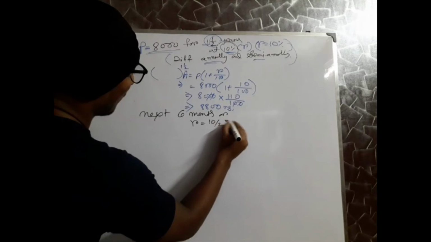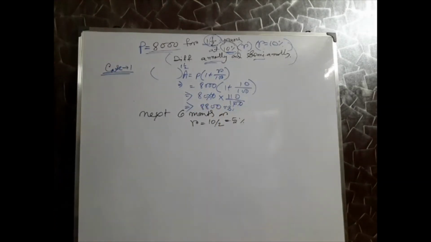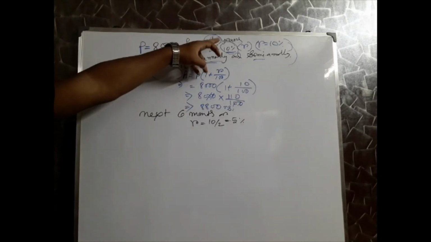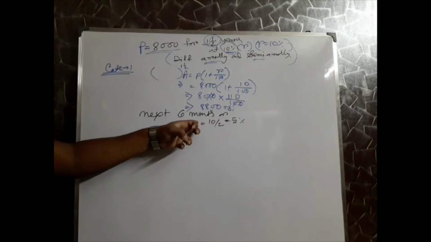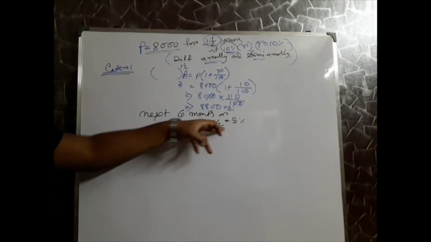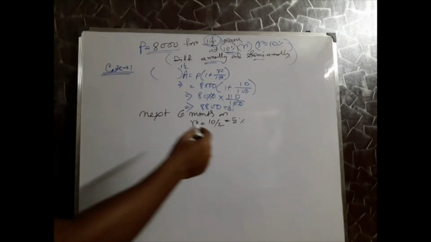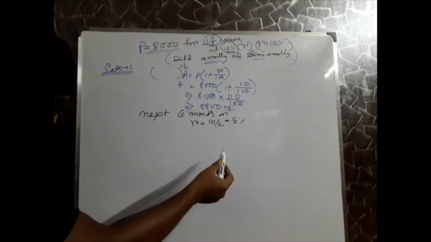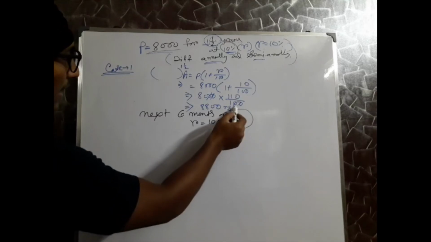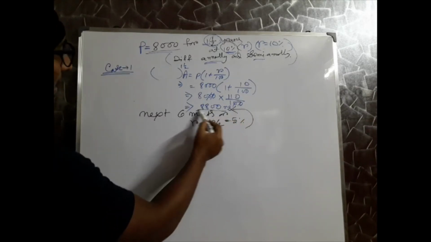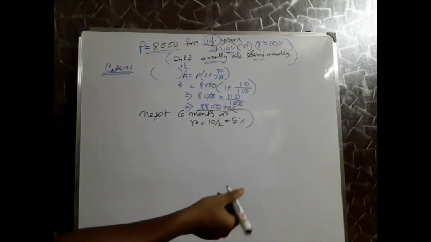That is 10 by 2 equals 5%. Because the bank calculated the rate of interest annually, but you want the interest after just 6 months, so the bank has to halve the rate of interest. This 10 by 2, exactly 5%, is calculated upon 8,800 rupees, because this is the rule of compound interest.